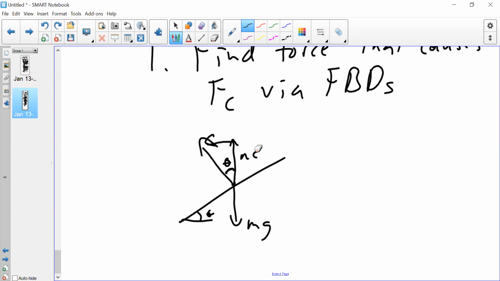Then N cosine theta, and then that's going to be N sine theta. So N sine theta is going to be towards the center of the circle, right? That's our perspective. So that's the force that makes up FC, and then we just deal with the rest.